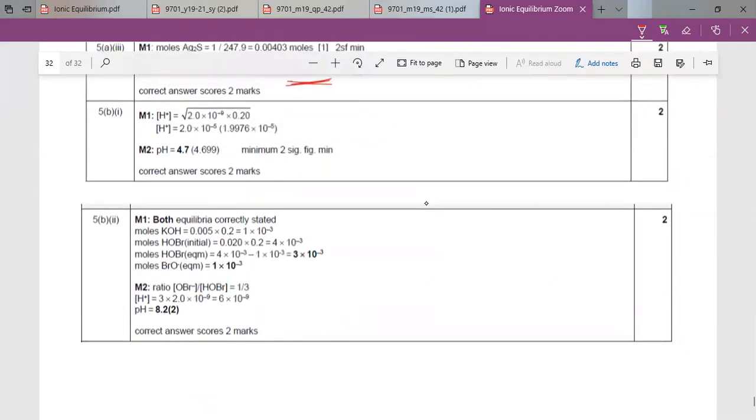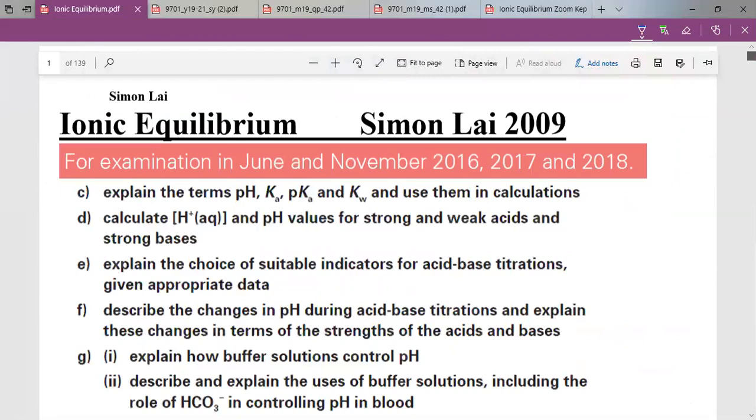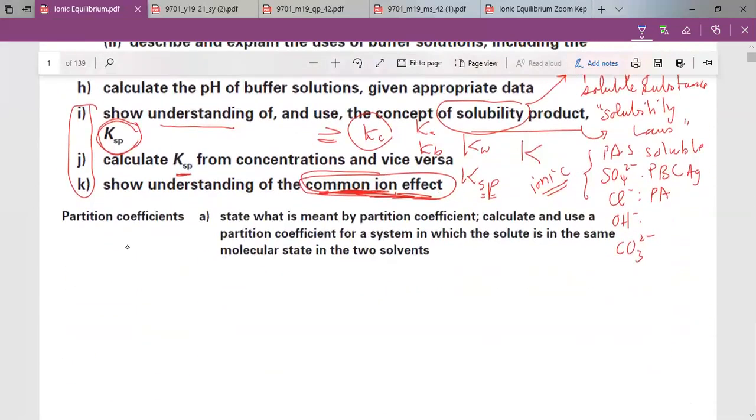Okay, we have finished half an hour. By the way, we have finished all the physical chemistry. Only one last part here, which is partition coefficient. This one actually comes from experimental techniques, like your mass spectrometer, all these things.